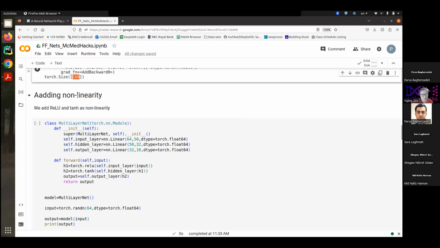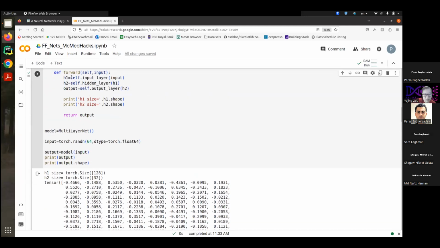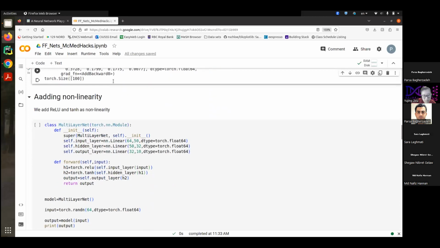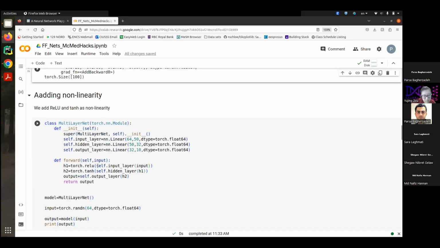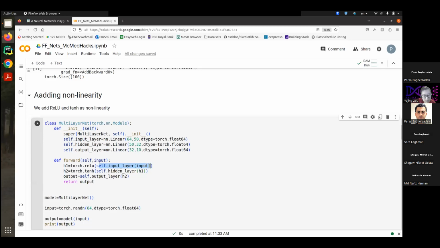So now let's add nonlinearity. If you remember, after applying each projection, we add nonlinearity. So instead of just passing H1, the result of the first projection, to the next layer, I first have that projection, then pass it to a ReLU function, and then this H1, over which the ReLU function is applied, is passed to the next layer.